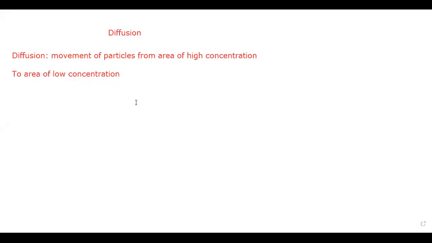By the way, diffusion increases in the gas state. The highest rate of diffusion is in the gas state. But for example, if you have hydrogen, which is a gas, and oxygen, which is a gas, which one diffuses faster? Is it hydrogen or oxygen?